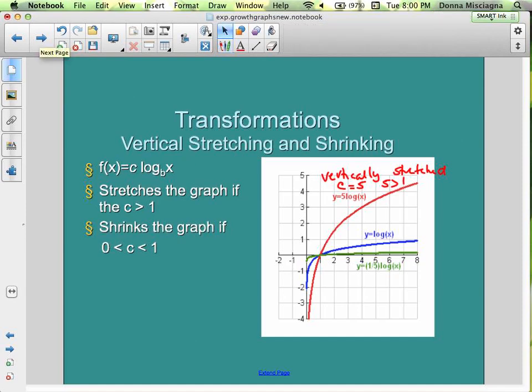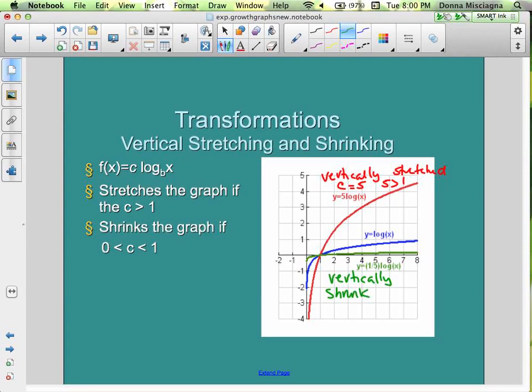Here we have y equals 1/5 log of x. This one is vertically shrunk, because C here is 1/5, and 1/5 is between 0 and 1. So it's going to grow more slowly. If you take some number and you multiply it by 1/5, you're going to have 1/5 as much. It's going to be smaller. You multiply by 5, it's going to get bigger.